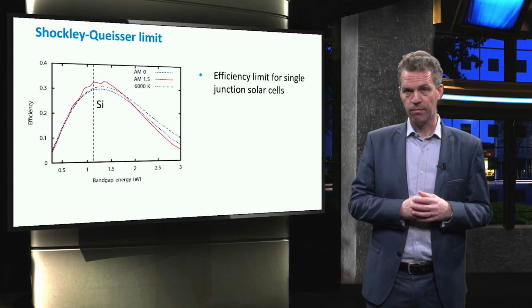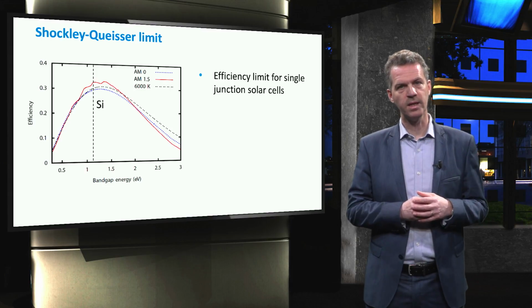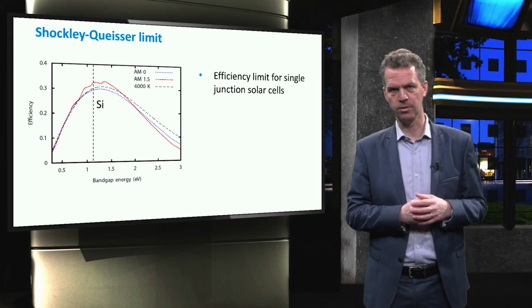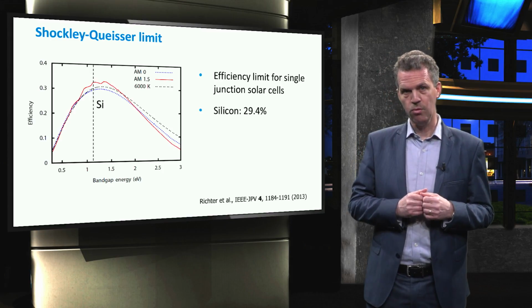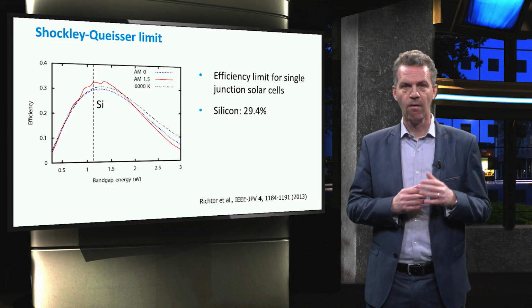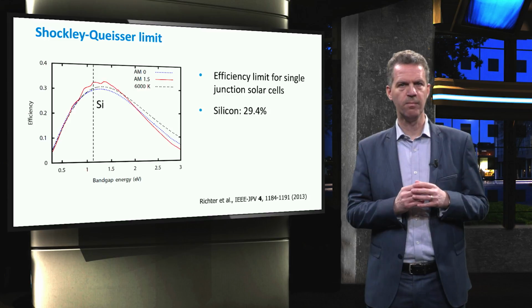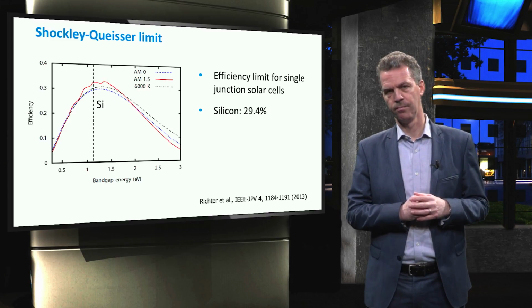The conversion efficiency of silicon-based solar cells, according to the Shockley-Queisser limit, is just above 30% for terrestrial applications. A recent study of Richter et al. in 2013 further elaborates on this limit and concludes that the theoretical limit is somewhat lower at 29.4%.